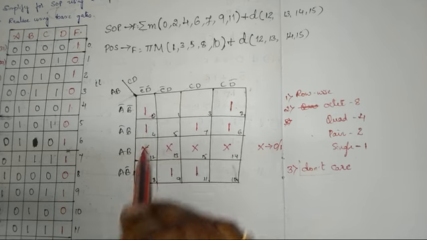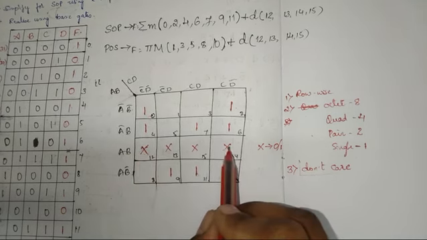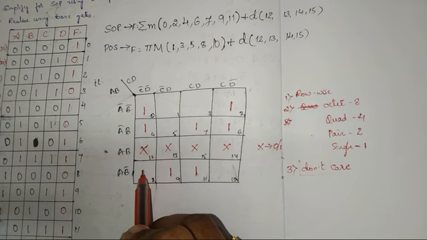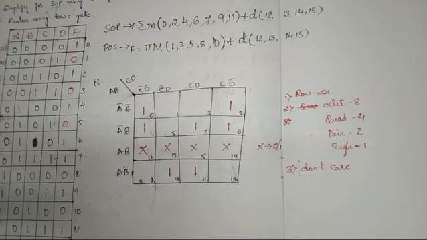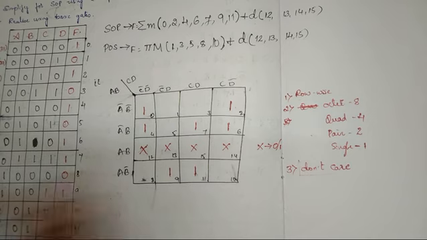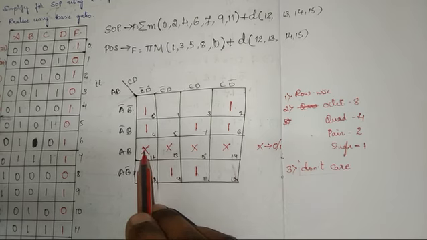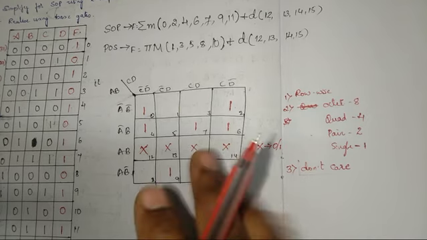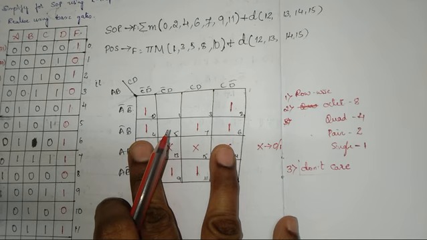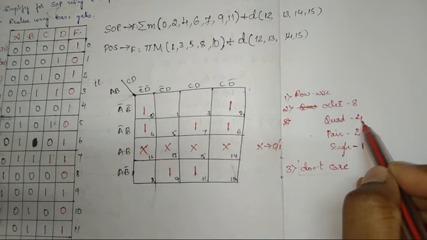To group this, if I consider this as 1, and if I consider this as 1, and here if I had 1 1, I would have made an octet. But now there is no one here. If I consider this as 1 also, it will be of no use. So I will not consider this as ones. I will leave it. Next I'll go for a quad possibility.